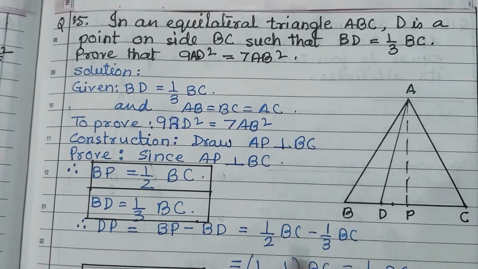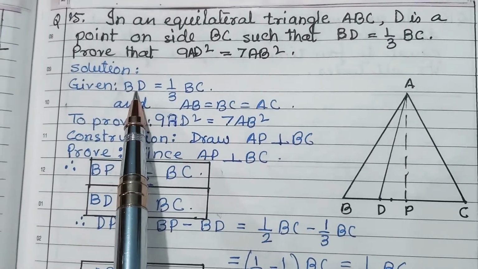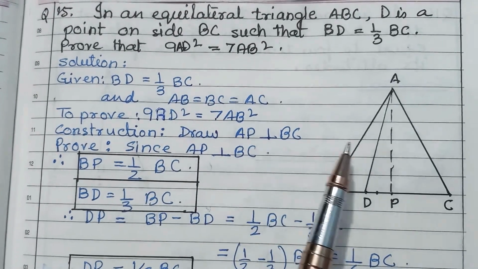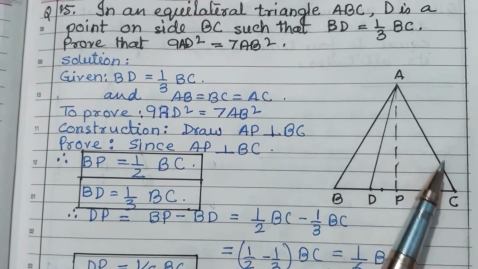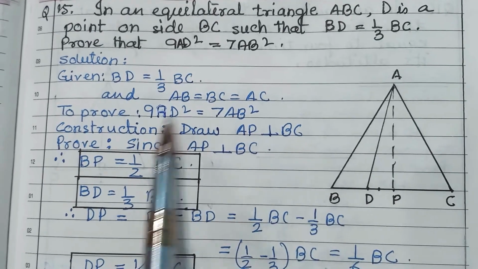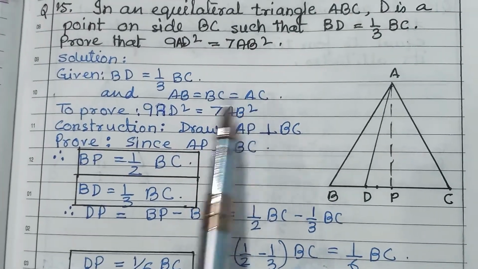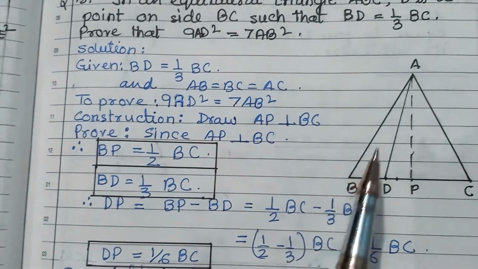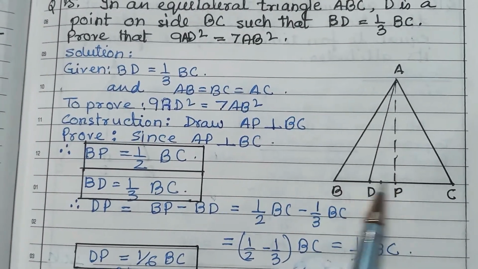Now BD is equal to 1/3 BC has been given. And given AB is equal to BC is equal to AC. It is an equilateral triangle, so all three sides are equal. To prove this one, construct, draw a perpendicular AP on BC.